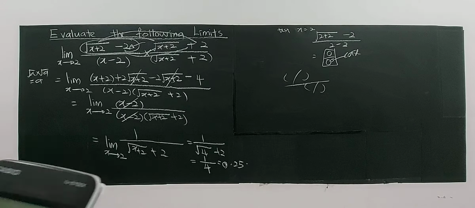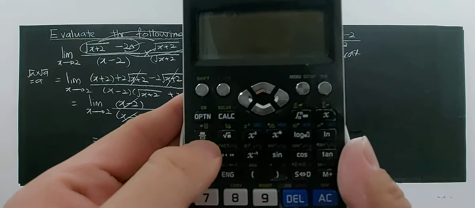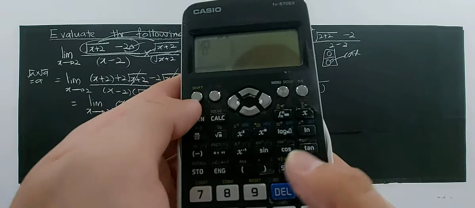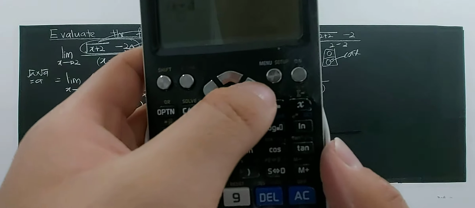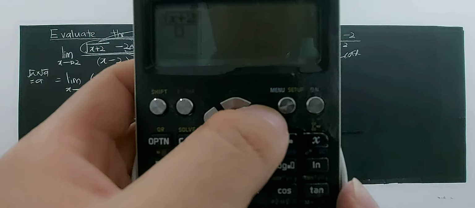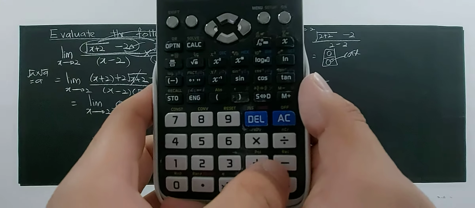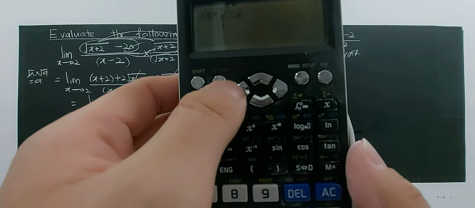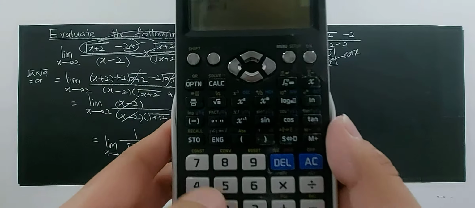So you can also use the calculator. I always teach you this way of checking your answer. So now, same thing, I key in this function. So square root of alpha x plus 2, then move out from the square root by pressing this arrow, then minus 2, so negative 2, then here you have alphabet x minus 2.